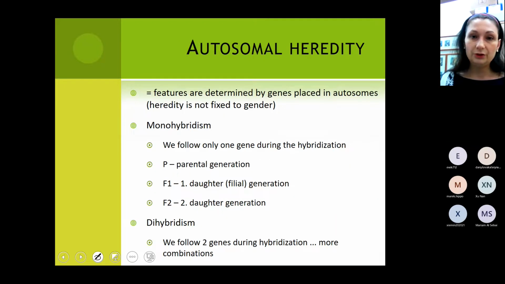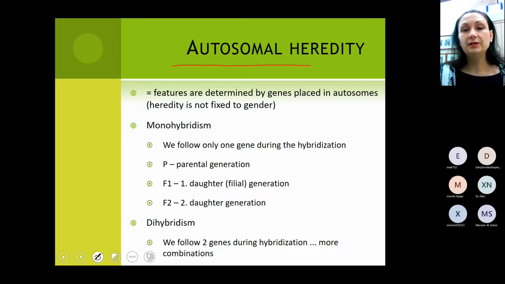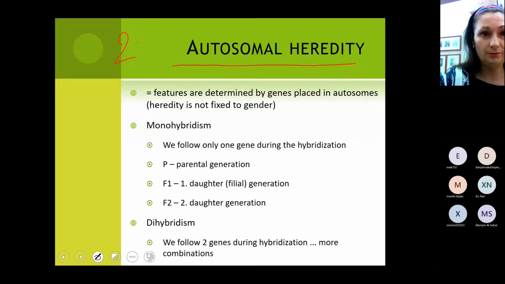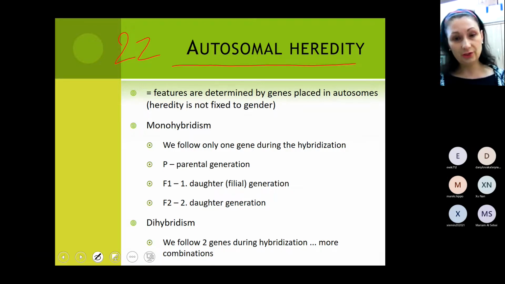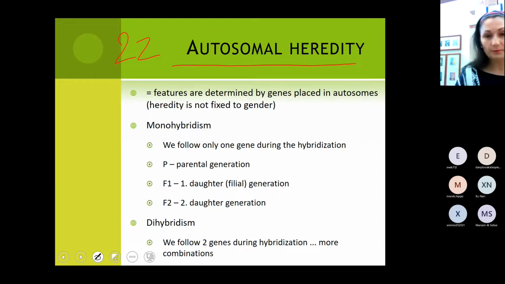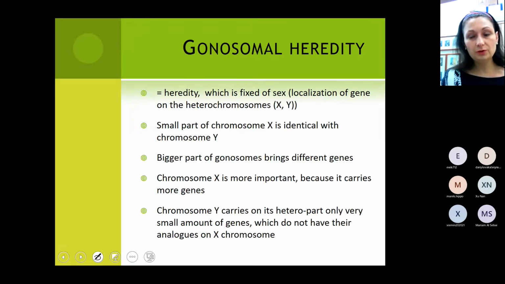Autosomal heredity. We are talking about gonosomal heredity and autosomal heredity. Autosomal heredity is focused on the transfer of genes which are placed in somatic chromosomes, so 22 chromosomes, and this heredity is not fixed to the gender. This is important.